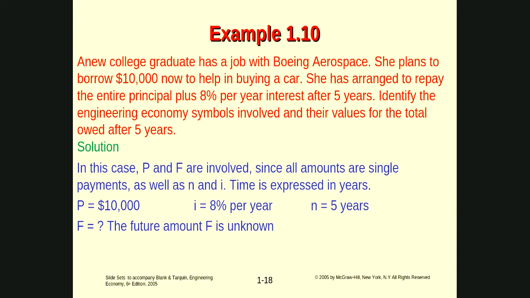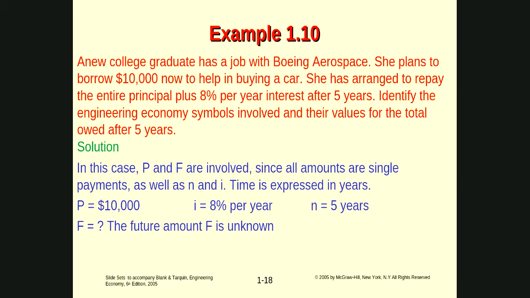Let's read the example. A new college graduate has a job, God willing like you, with Boeing, God willing you will get to work with Boeing in aerospace. She plans to borrow $10,000 now to help in buying a car. A typical example, just graduated as an engineer and wants to borrow 10,000 to buy a car.